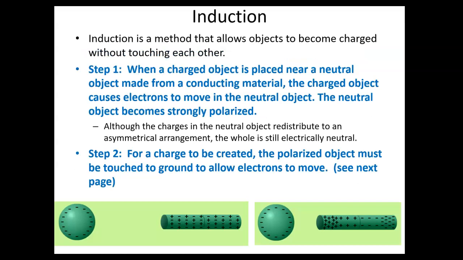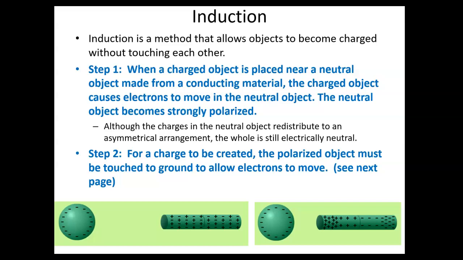The third method for creating an electric charge is called induction. Now, induction is a method that can allow objects to become charged even without ever touching each other. This is a two-step process. In the first step, a charged object needs to be brought close to a neutral object that is made from a conducting material.